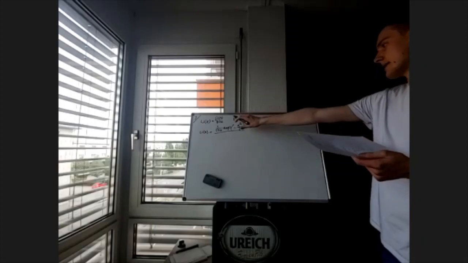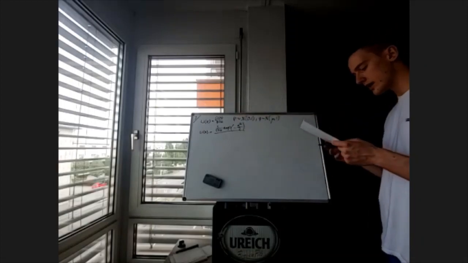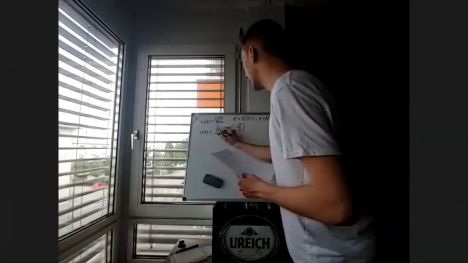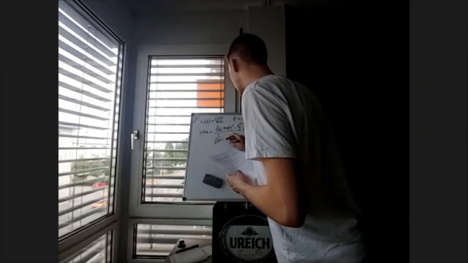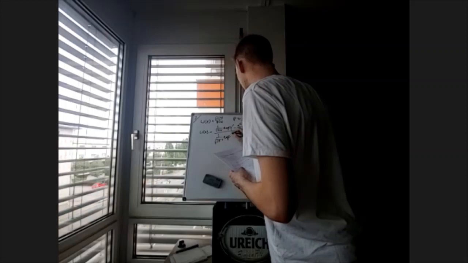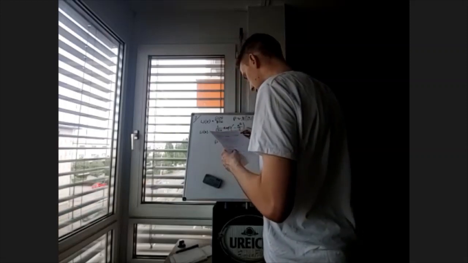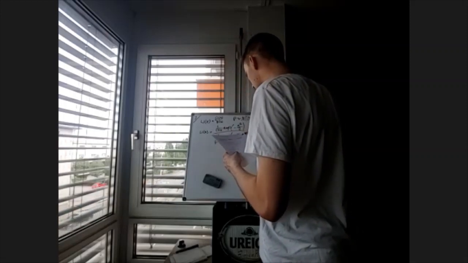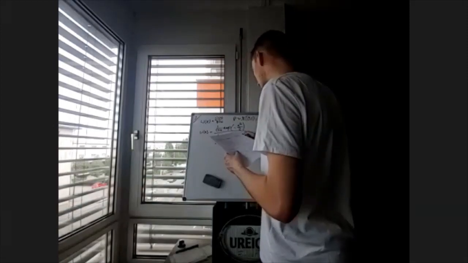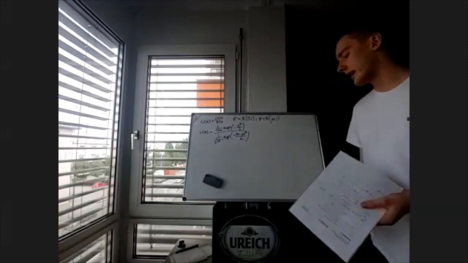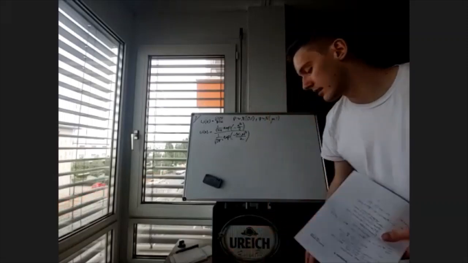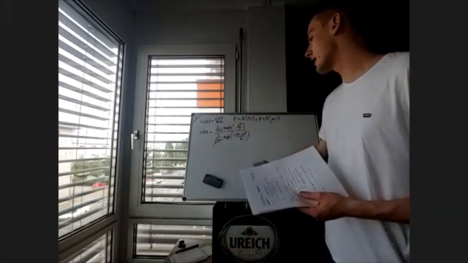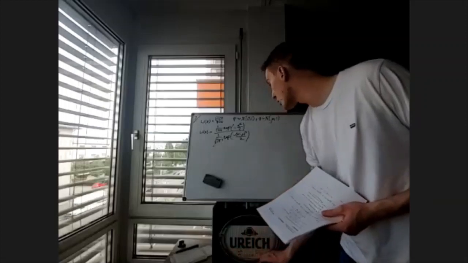This is P, and Q is just the same but different: minus (x minus mu). As you can see, the first part just disappeared because it's 1.